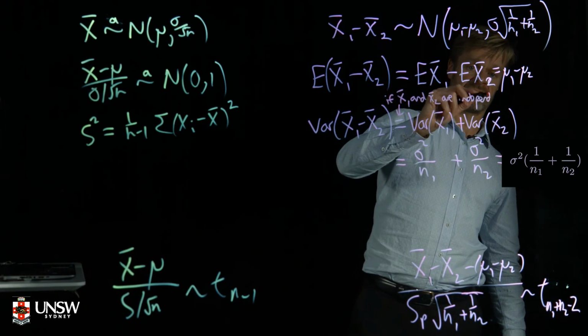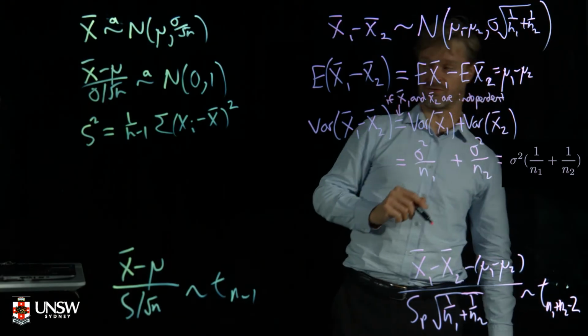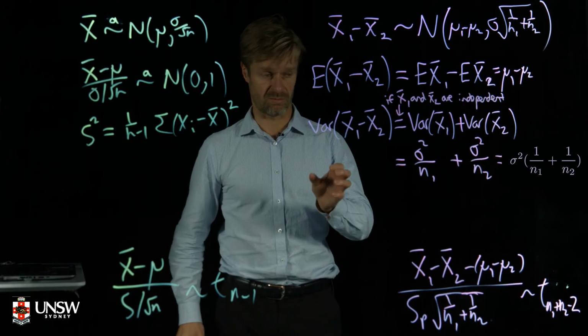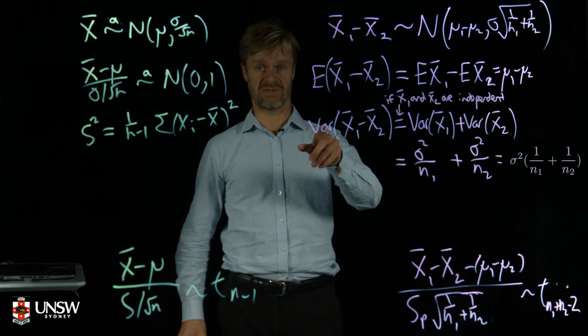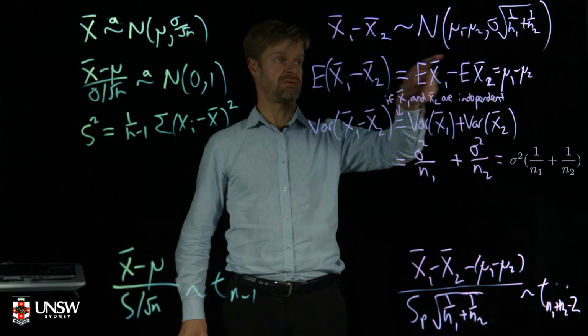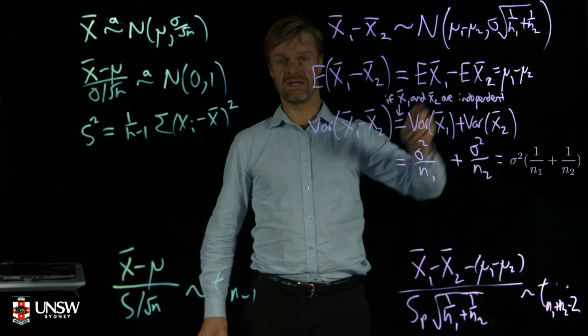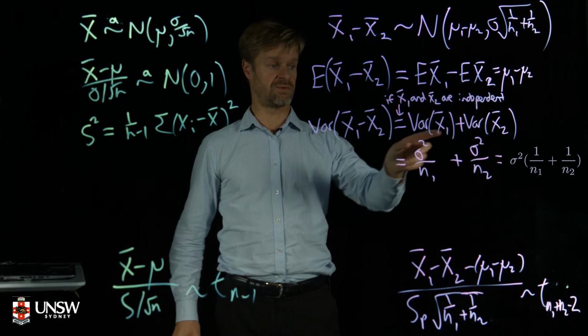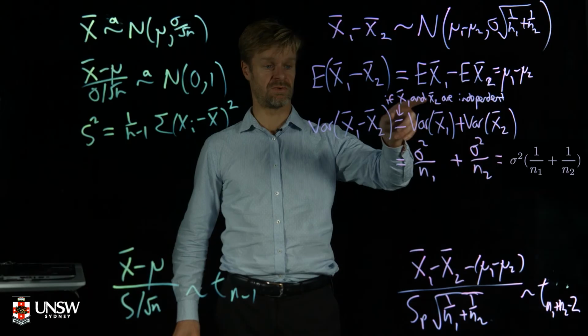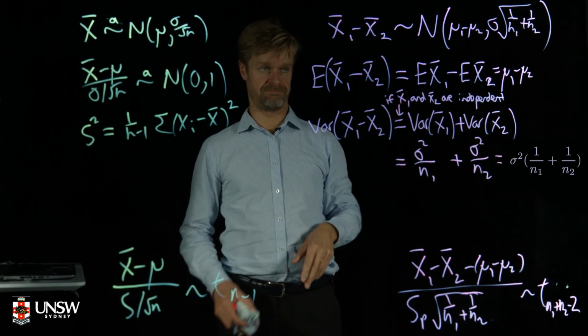So there was an assumption when we use this result that we had independent random samples. We need independent random samples in order to be able to say that the standard error of a sample mean difference has this form. If we didn't have independent random samples, we couldn't have just done this plus and got to this form. It's only true for independent samples.